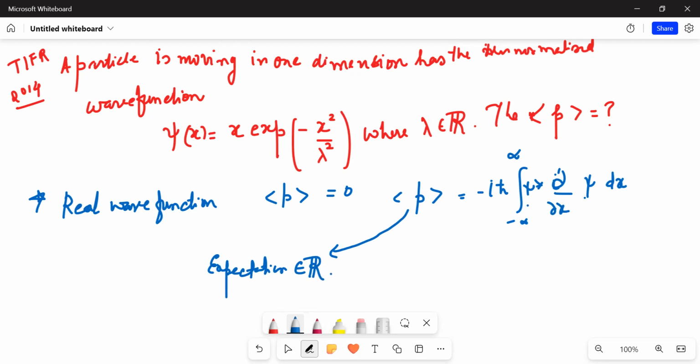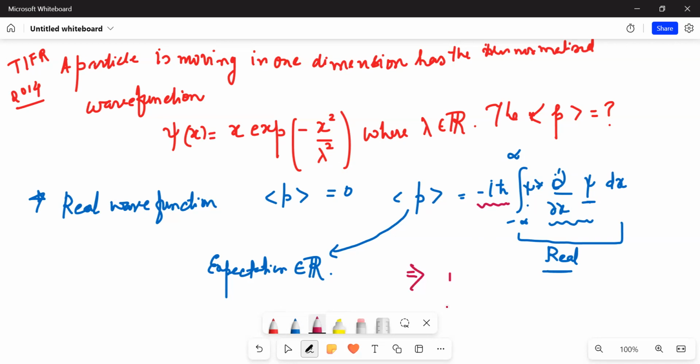In any case, this wave function psi is real. So this remains real. The derivative also remains real, and the psi star also remains real. So this particular integration will give some real answer. Expectation value has to be real. Here you see there is a term minus i h-bar. So if you get any non-zero value from this integration, you will get the expectation value to be imaginary, which cannot be the case.